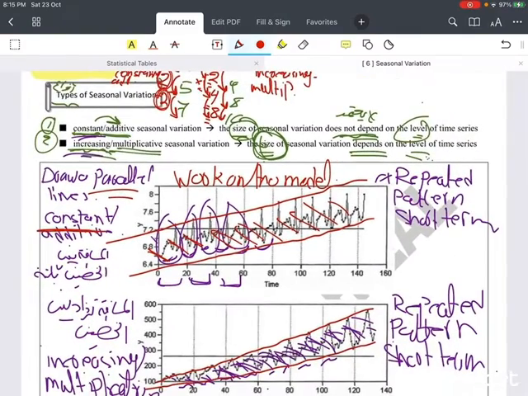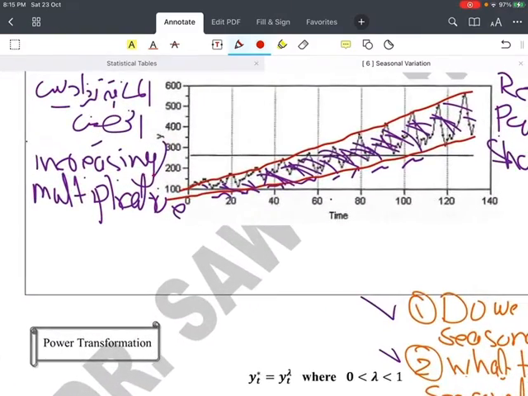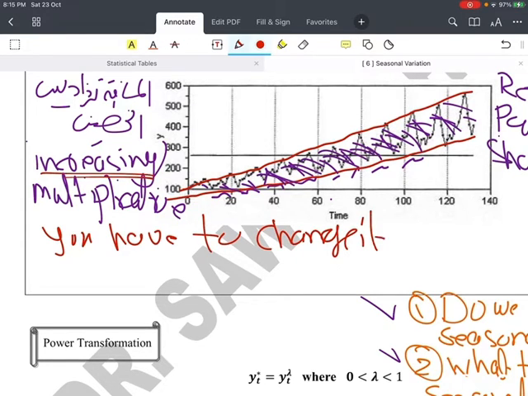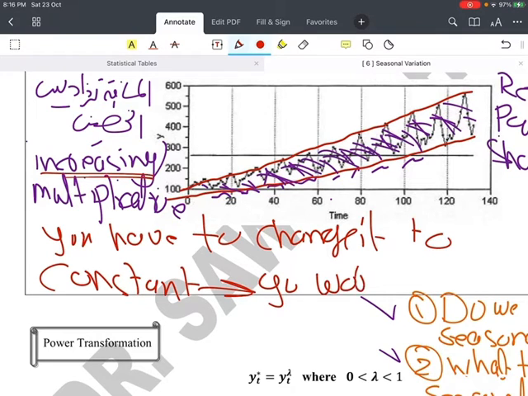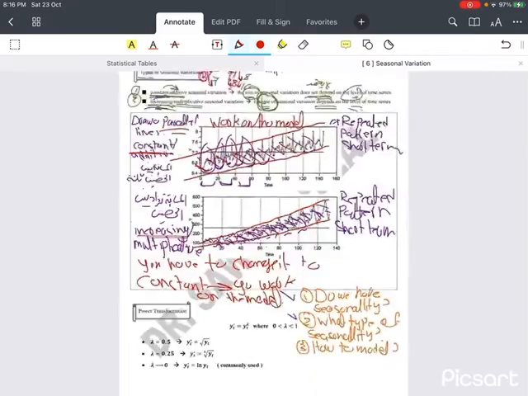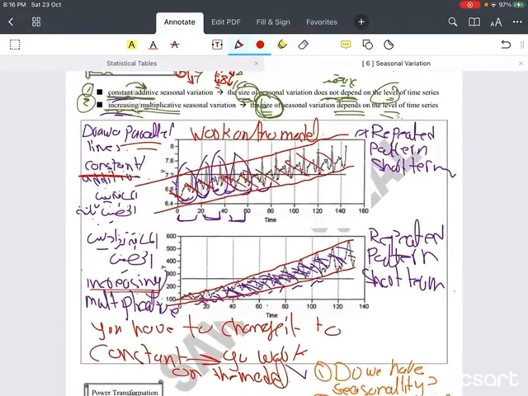If it is increasing, you have to change it to constant, then go and work on the model. So if the type was constant, so nice, go and work on the model. But if the type was increasing, you should change it to constant, then go and work on the model.